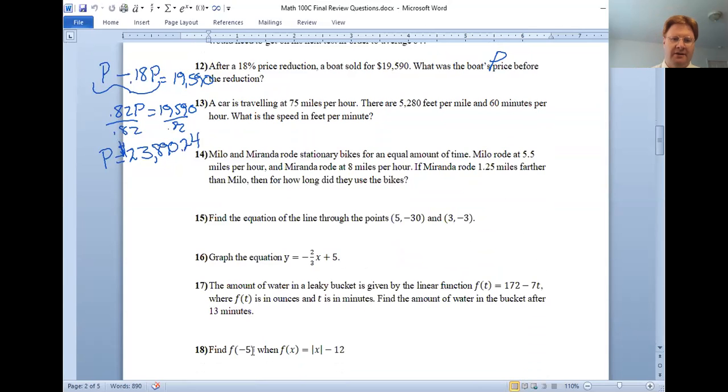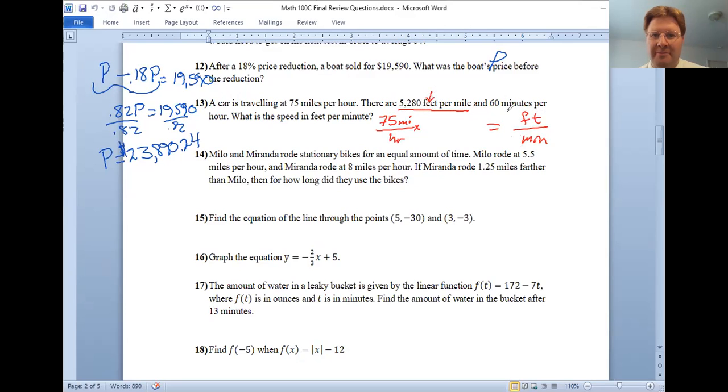Okay, so the next one. A car is traveling at 75 miles per hour. Okay, so that's 75 miles per hour. And there are 5,280 feet per mile, and 60 minutes per hour. What is the speed in feet per minute? Okay, so we have to times by something. 5,280 feet per mile.